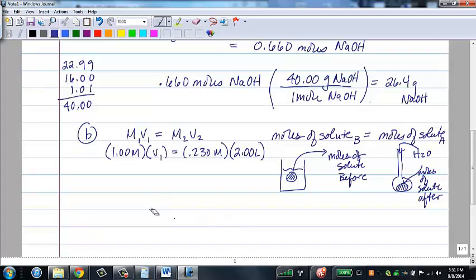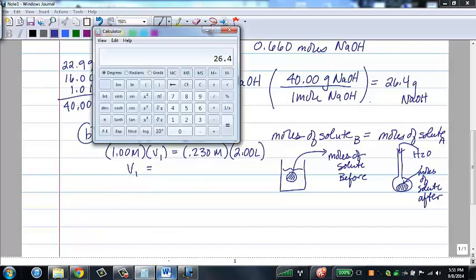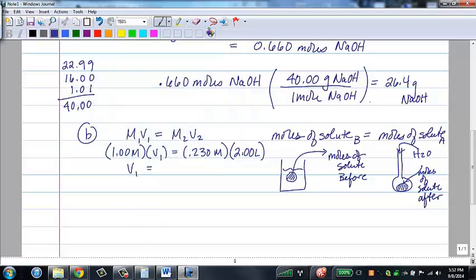So we're going to solve for V1. Which is 0.230 times 2 divided by 1, and that is 0.46. 0.460 with 3 sig figs liters is equal to V1.